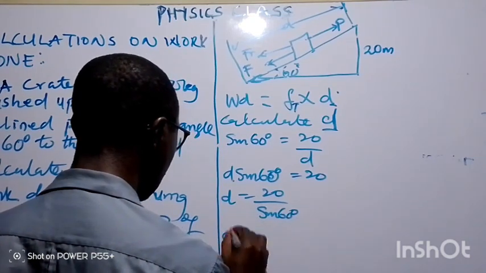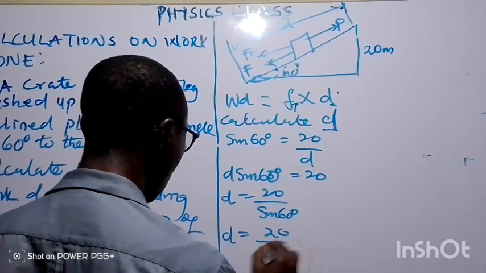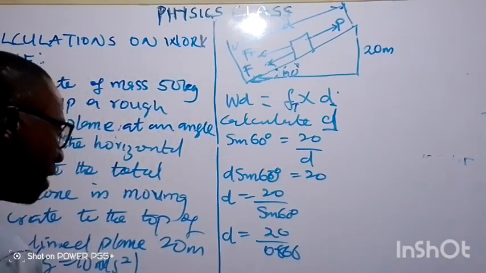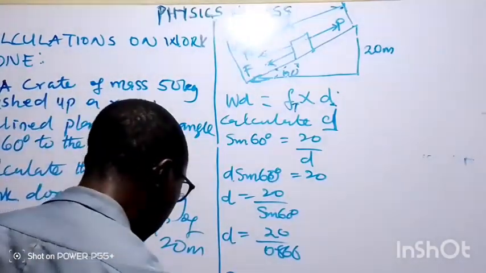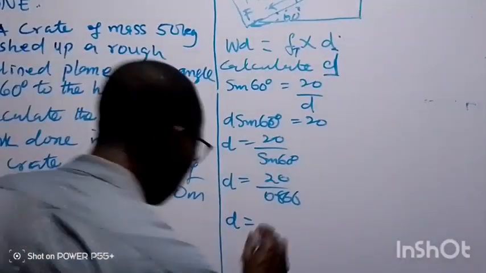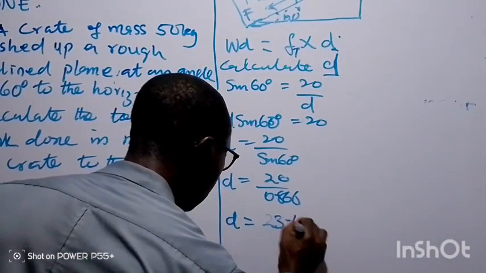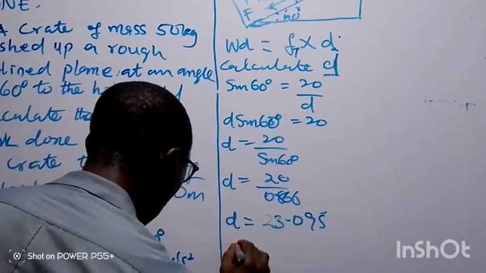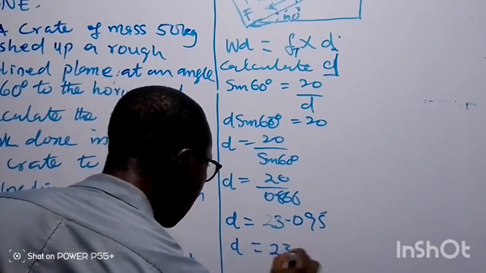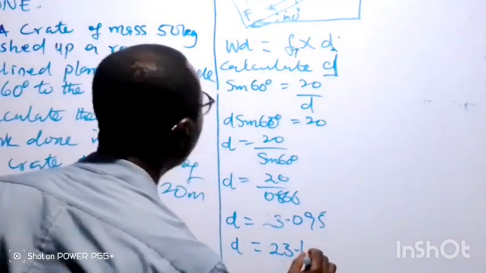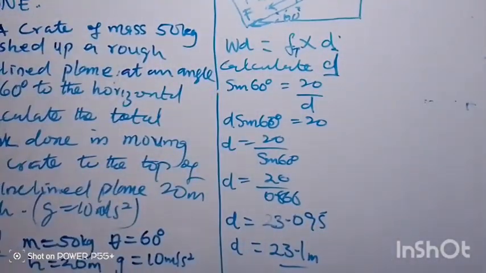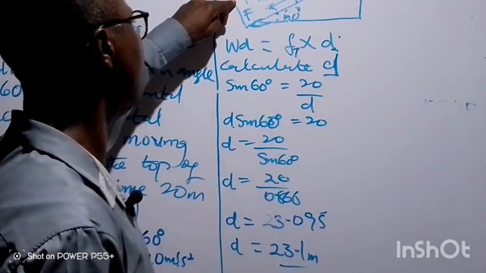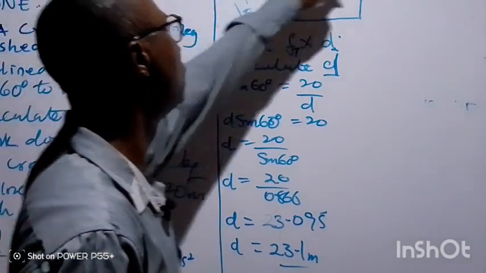Then sine 60 is equal to 0.866. Then 20 divided by 0.866 will give us 23.095. Approximately, our D is equal to 23.1 meters. That is the distance from the bottom of the inclined plane to the top.